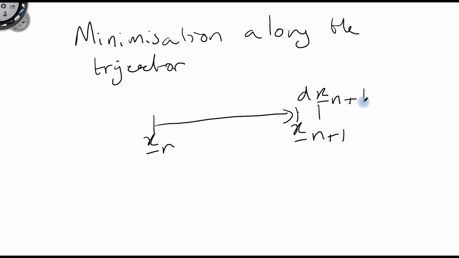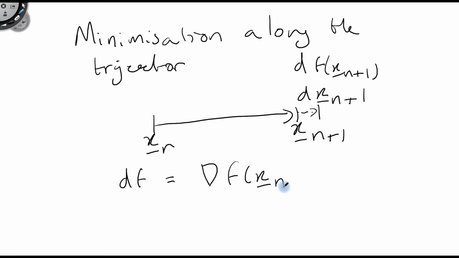What we're going to look at is the change of the function for that change along the trajectory. So we have dx, and we're going to have d of f at x n plus 1. These are changes in the function and changes in the trajectory. In that case, we can write df equals grad f at the end point now, times dx n plus 1.